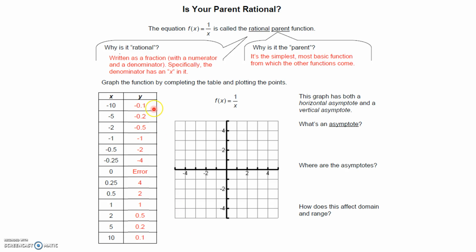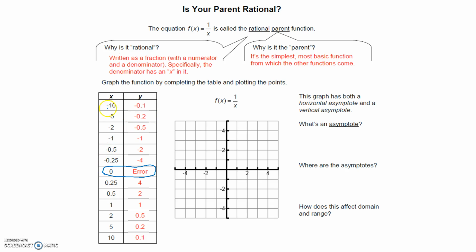All right, hopefully you ended up with the same values for your table as I did. If you used the calculator and tried to divide that 1 by that 0, hopefully you got an error. And if you tried to do it without the calculator, I hope you couldn't come up with an answer, because it is in fact an error.